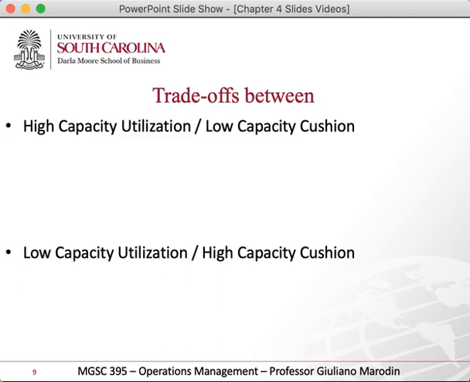So here in this slide, I want to talk to you about these decisions. What do you think is best for a company, to have a high capacity utilization or a low capacity utilization?